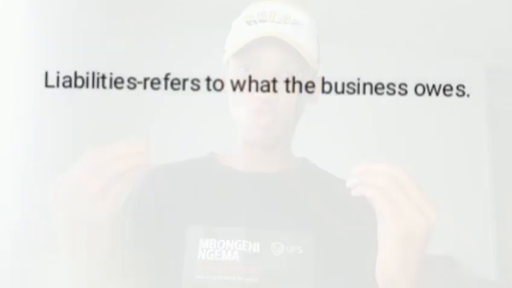Right. Now let's head straight to the last one that we have, the liabilities. Liabilities refers to what the business owes. What you owe is a liability. Under the liabilities, we have non-current liabilities and current liabilities.